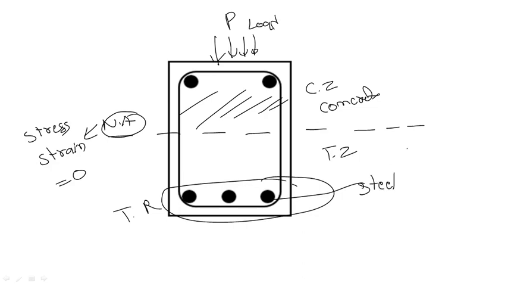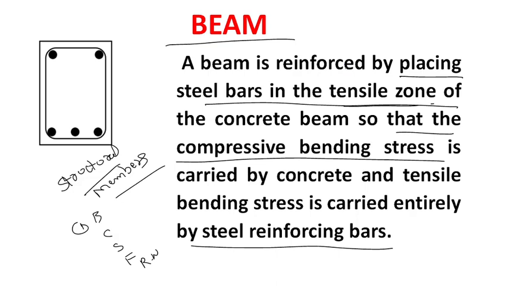Here we are ignoring the concrete in tension, and we are ignoring the steel in compression. That is the simple concept they follow in beam reinforcement. This is the simple definition of the beam.